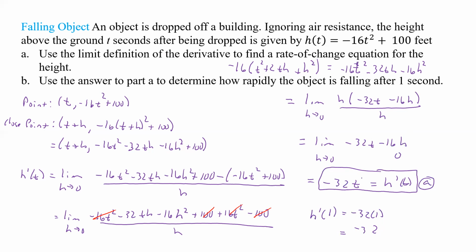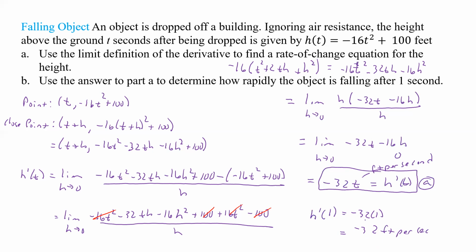We kind of left off our units there on that one. And so then if we take negative 32t replaced with 1 foot per second times 1 second, that's going to give us the final value, which is going to be negative 32 feet per second. Okay. So that's plugging it in and getting us the actual value there.